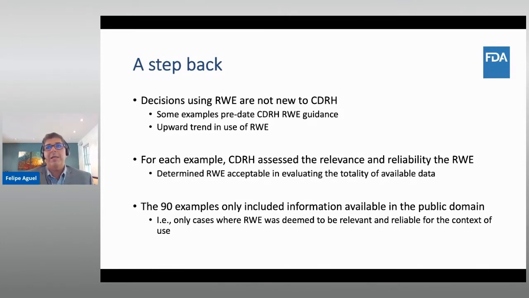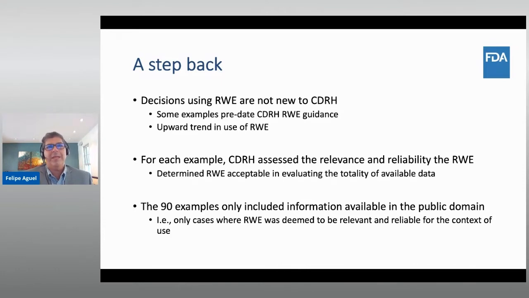Now, as I mentioned, the time period within the scope of the examples included in the paper predated the real-world evidence guidance document that CDRH published, expressing its thinking on relevance and reliability, but implicitly, those were the sorts of considerations that reviewers were making in the submissions that predated that guidance document.